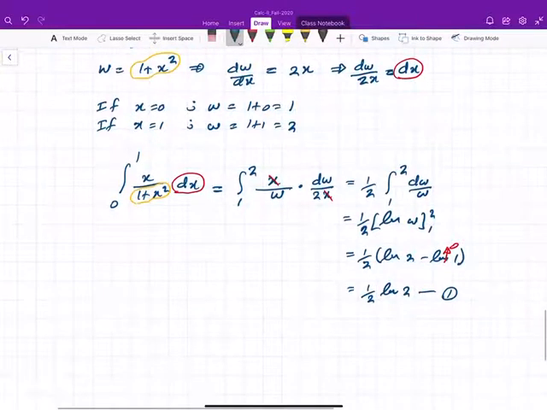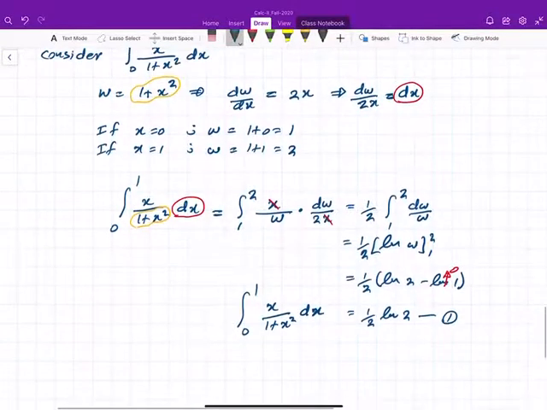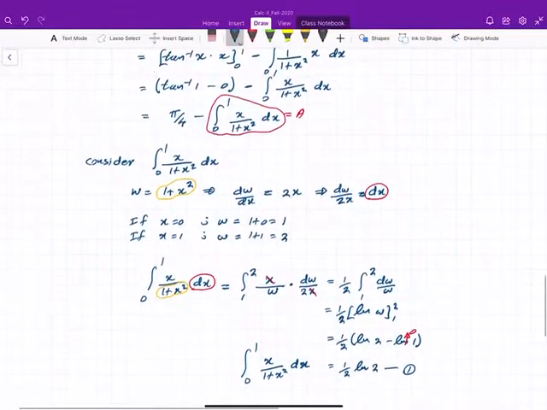So that is the solution for integration from 0 to 1, x over 1 plus x square. Alright, so let's say this is 1, and let's say that is 2.